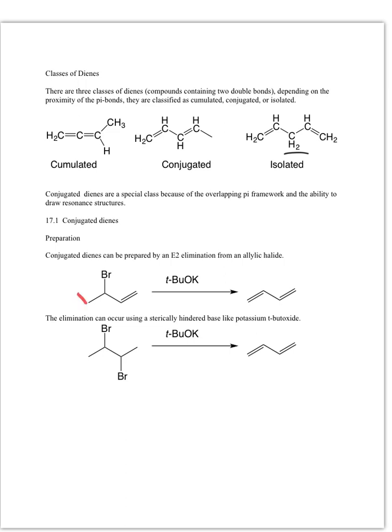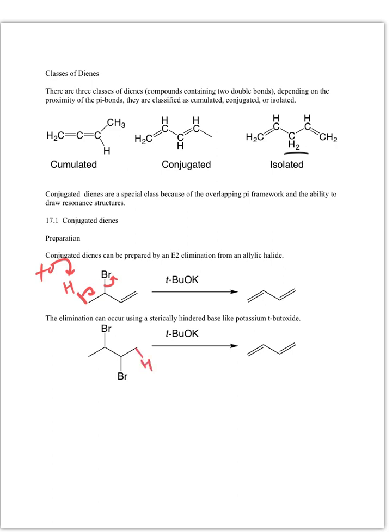Well, we learned way back in Org 1 that we could do an elimination, and we can still do an elimination once to form a double bond. If we use t-butoxide, we can grab the hydrogen, form the double bond, kick out the bromine, and form a diene.